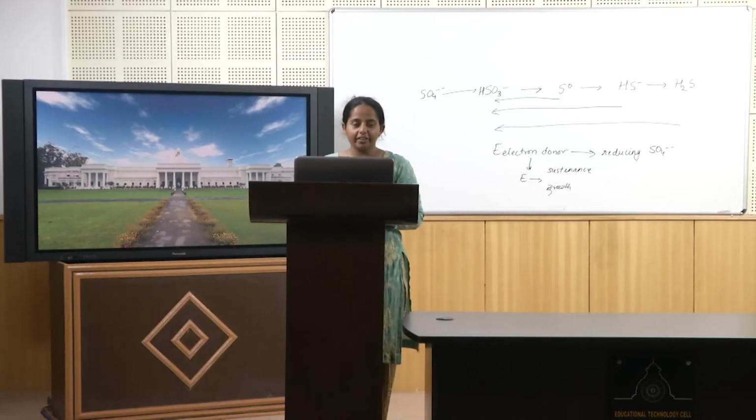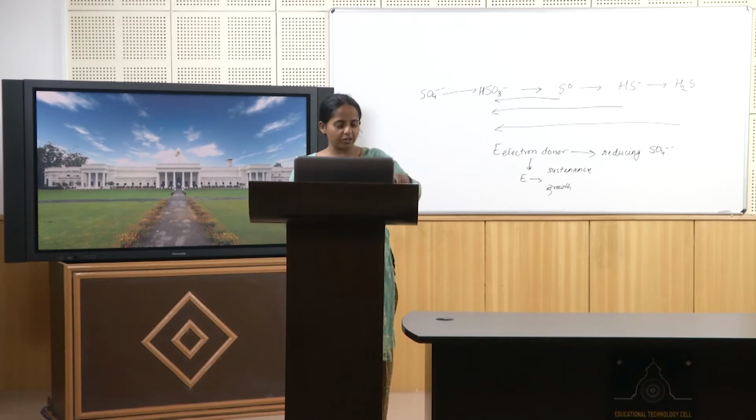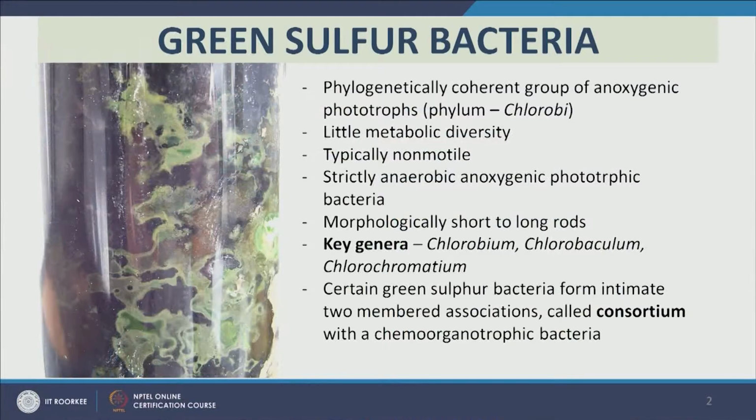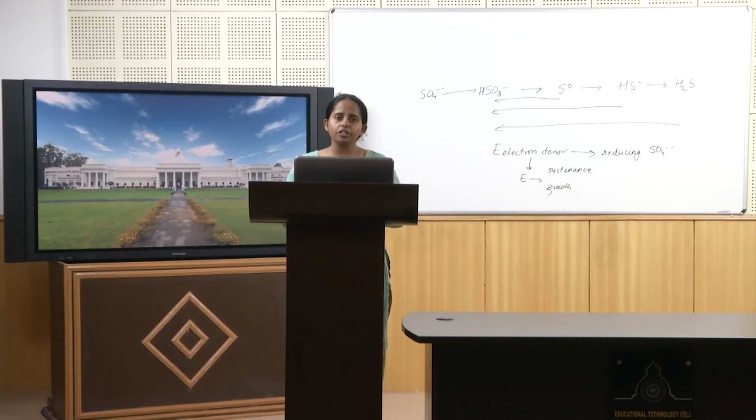So now let us take a look at the different kinds of microbes that have to do with sulfate reduction or sulfur oxidation. So last class we talked about green sulfur bacteria. This is where I ended the lecture. Now it is very important to note that green sulfur bacteria and other bacteria that we have talked about before, like purple sulfur bacteria, store sulfur as an energy reserve, but their primary source of metabolism, primary source of energy, is not sulfur oxidation or sulfur reduction.